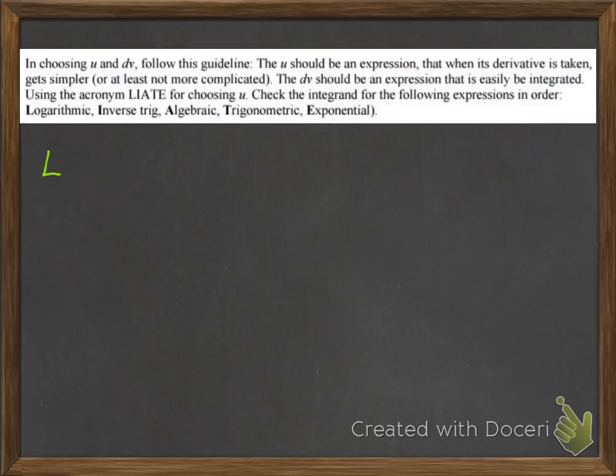That acronym is going to be LIATE. This is your hierarchy of what you choose to be your u value in your problem.